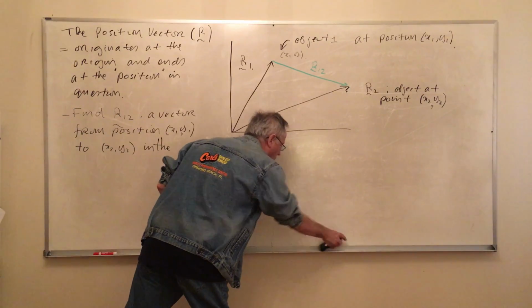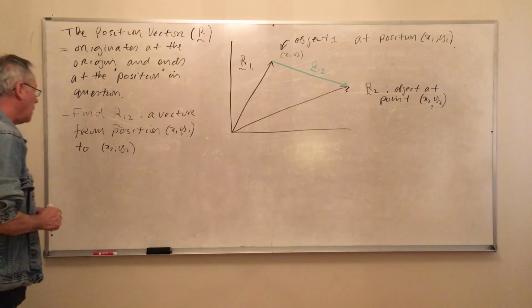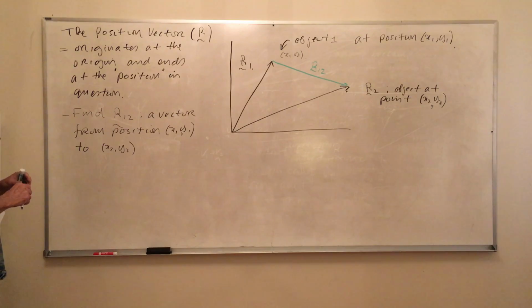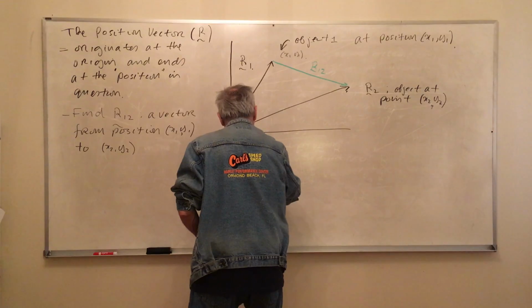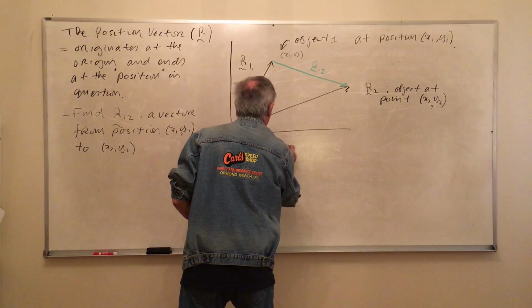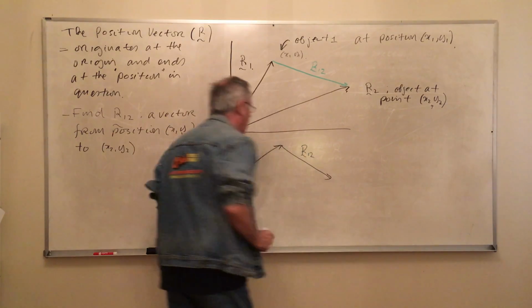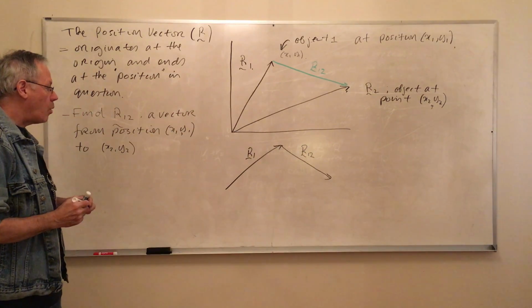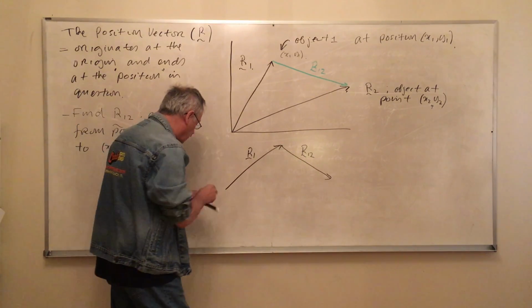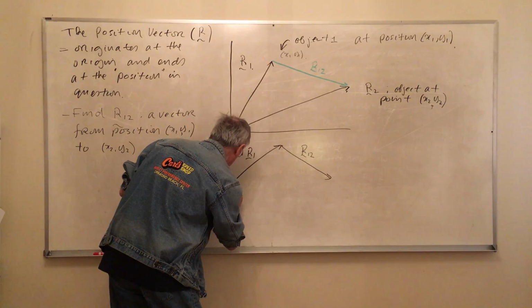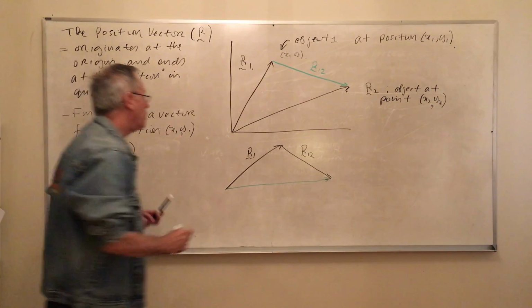Well, R12 is a vector that joins the points x1, y1 and x2, y2. Here's what we notice. If we were to take R1 and add it to R12, we would get a resultant which would be equal to R2.